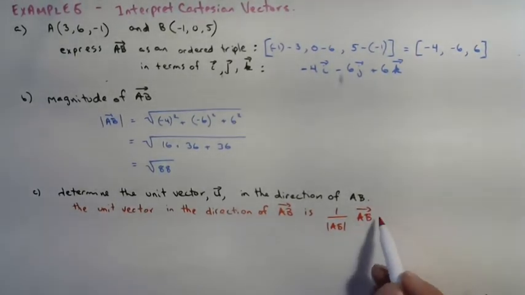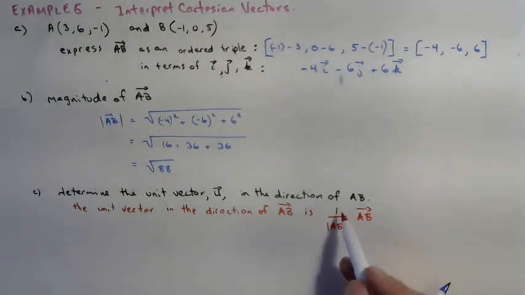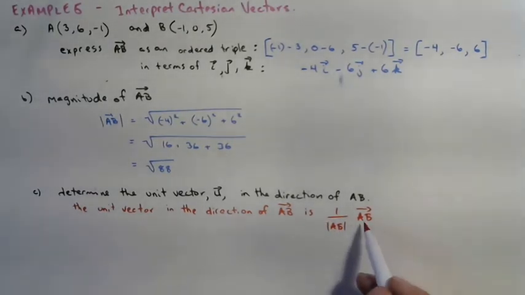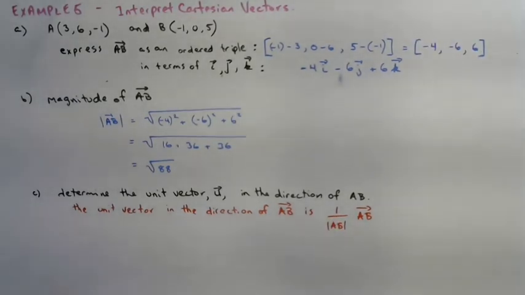So the vector AB is going to give us the right direction, and then this factor is going to reduce or enlarge that vector so that it has a magnitude of 1 unit, okay?